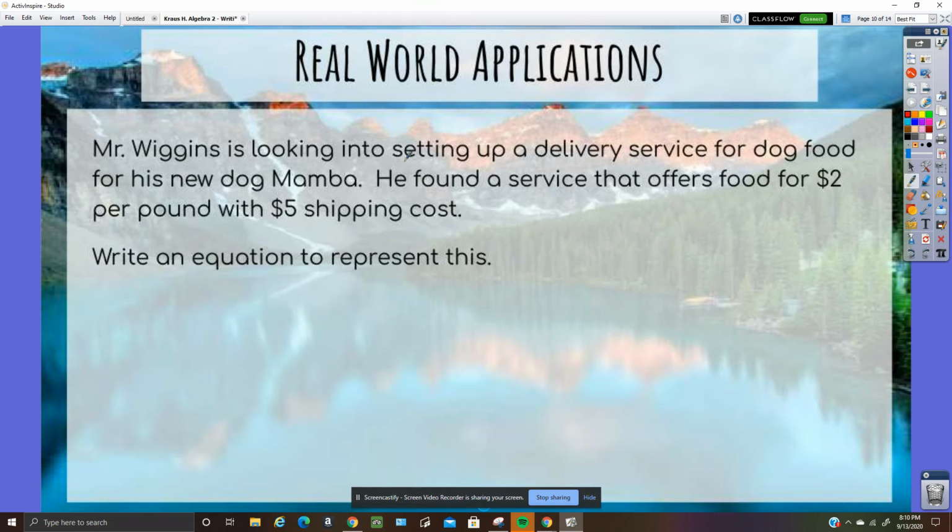All right, Mr. Wiggins is looking to set up a delivery service for dog food for his dog, Mamba. You found a service that offers food for $2 a pound and $5 shipping cost. So write an equation to represent this. So let me use blue again here.